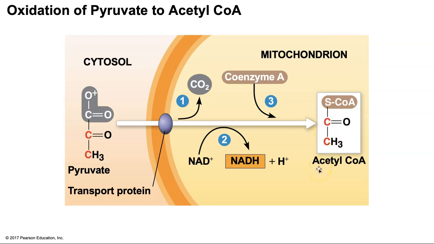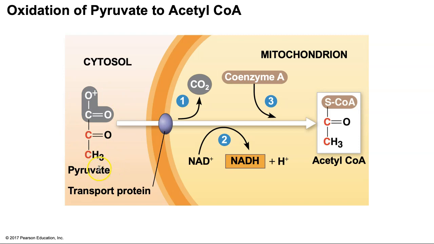So you'll notice that there's some similarities in the roots of naming these molecules. So same with acetone, right? If you look at that, there are 2 carbons to all of those molecules. So this is acetyl-CoA, acetyl coenzyme A.